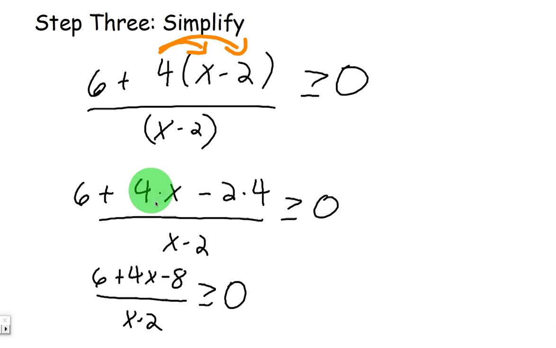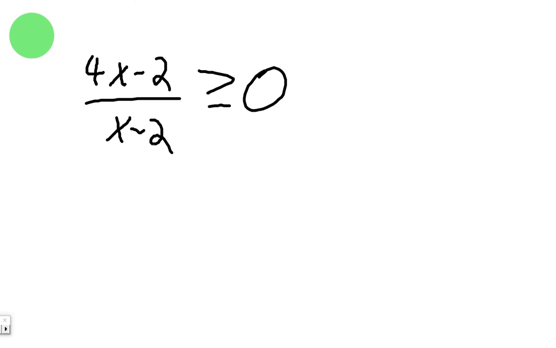And I'm going to have 4x minus 2 times 4, which is 4x minus 8. And I have a 6 over here, so obviously what we can do now is combine the 6 with the minus 8, which becomes minus 2, and the 4x stays the same. So now we have 4x minus 2 over x minus 2 is greater than or equal to 0.